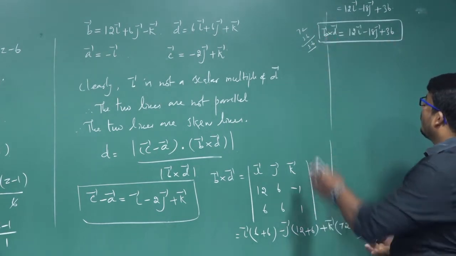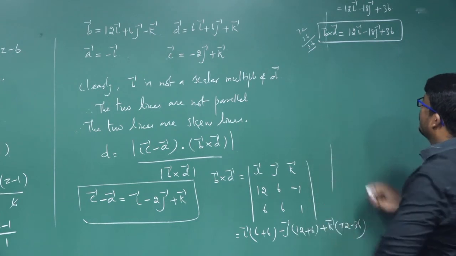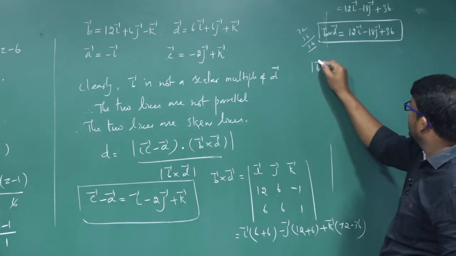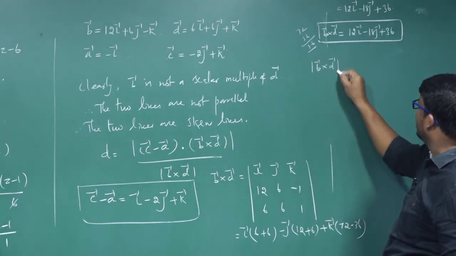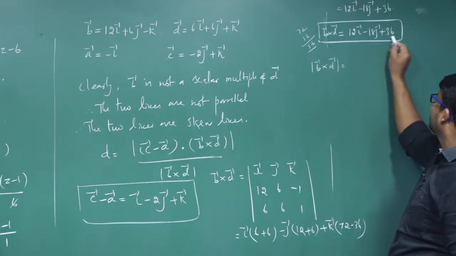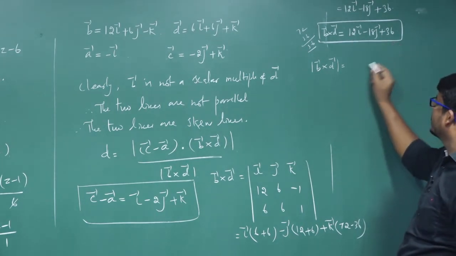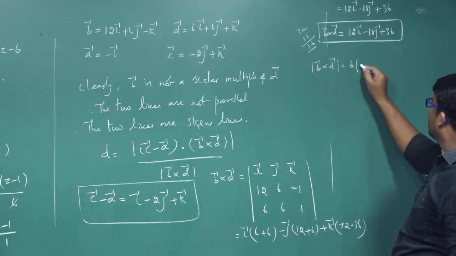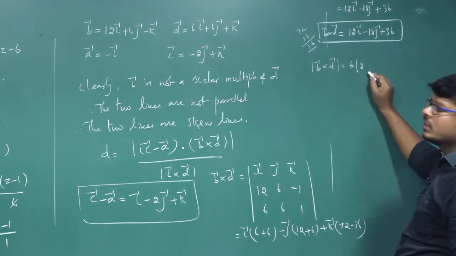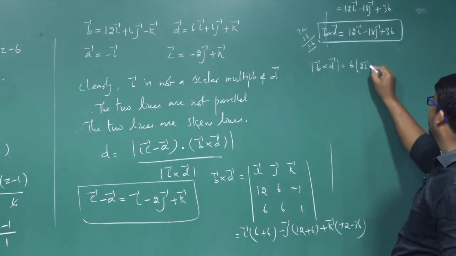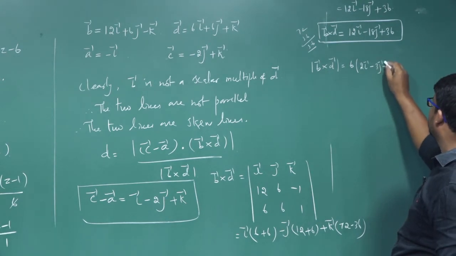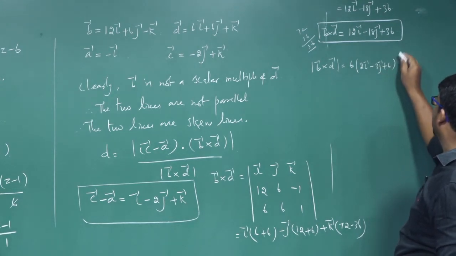Now find the modulus of B vector cross D vector. Taking 6 as common, it equals 6 times (2i vector minus 3j vector plus 6k vector).